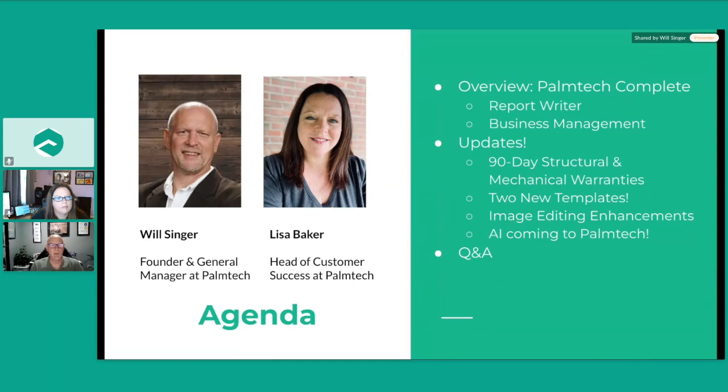The biggest news with Palmtech Complete is we're not just a report writer. We also offer a lot of business management tools. And then we'll talk about some of the updates: the ability to now offer warranties, some new templates and image editing enhancements. And then we'll look at AI.